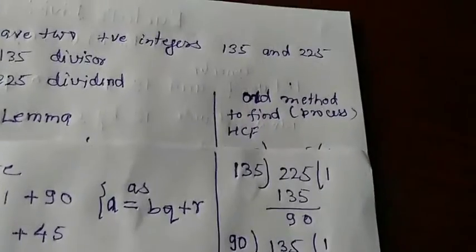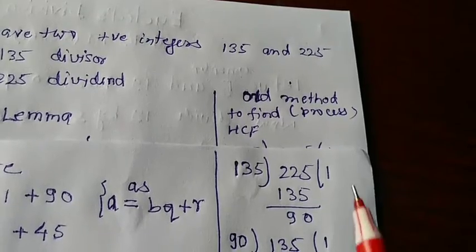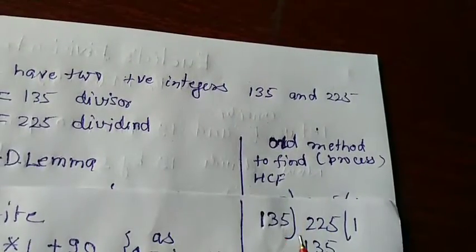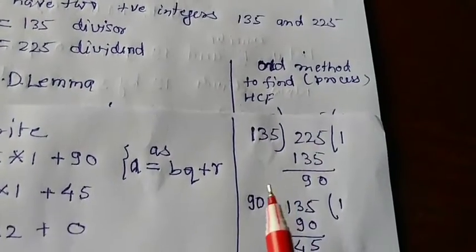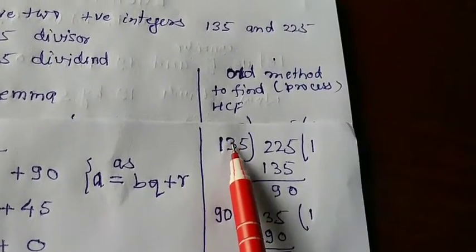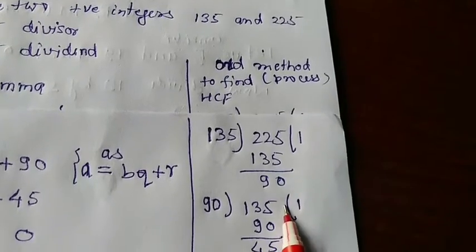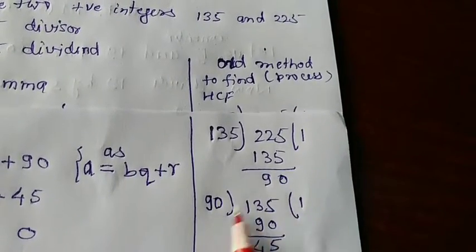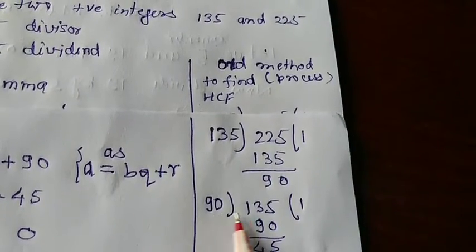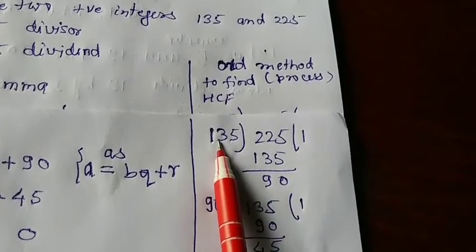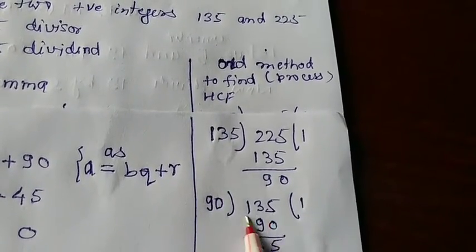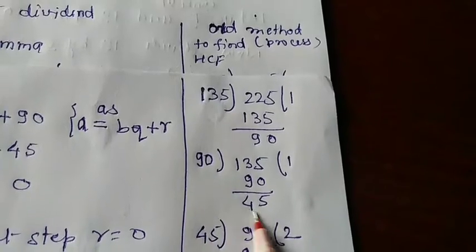What we did in the old method in previous classes to find HCF: we divide 225 by 135, so the quotient is 1 and the remainder is 90. Again this 90 becomes the divisor, and the divisor becomes the dividend. So 135 divided by 90, the remainder is 45.